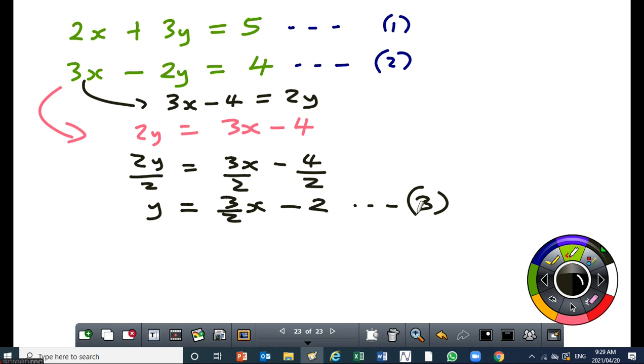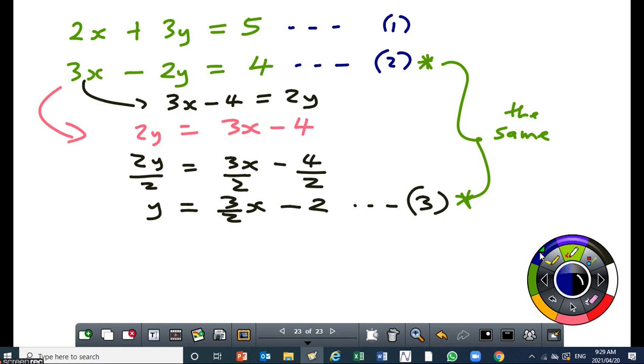Please, you don't substitute equation 3 into equation 2 because they are the same. Don't make that mistake. Equation 2 and equation 3, these two are the same. So when you are doing your substitution, you substitute into the one which is not related to the third equation, and that equation is going to be equation 1.